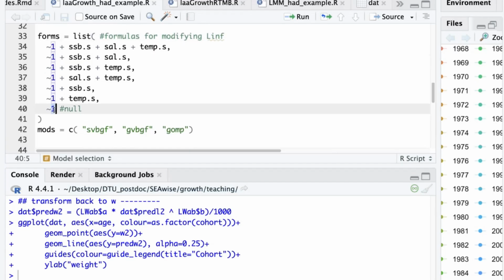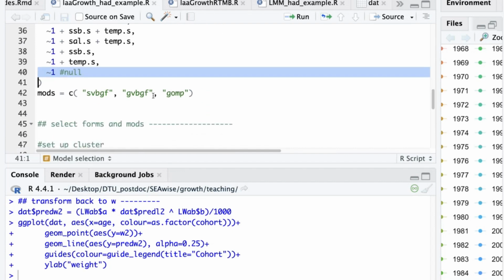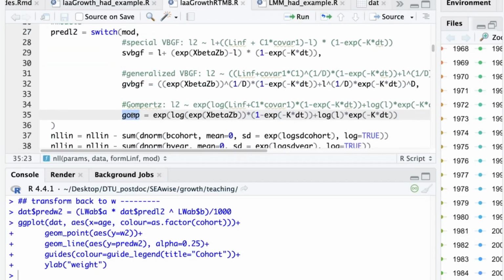This intercept only model is just a constant L infinity, which is fine. And then the model forms that we might choose would be these 3 that I showed you in the code here.